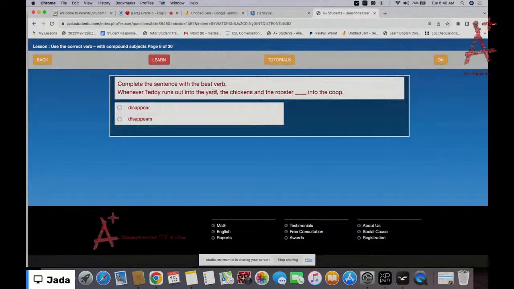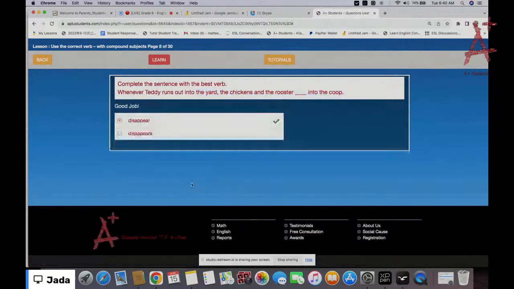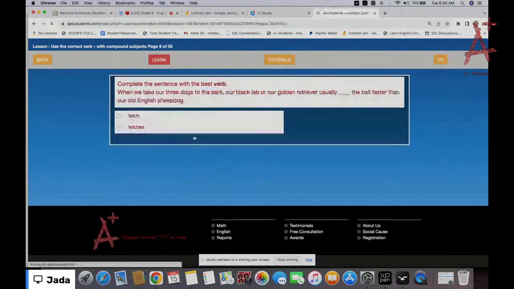When we have and, it is plural, right? So rooster, does it disappear or disappears? So let's say disappear. Disappear is correct because whenever we see and in the compound subject, we know that and makes a plural subject, and a plural subject goes with the plural verb. So disappear is the plural verb, which does not have S.